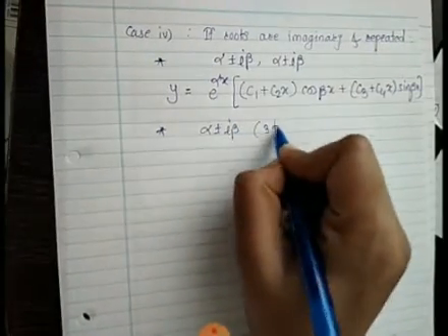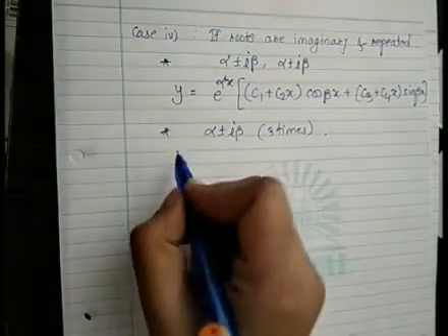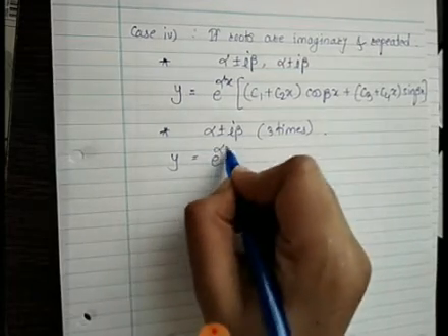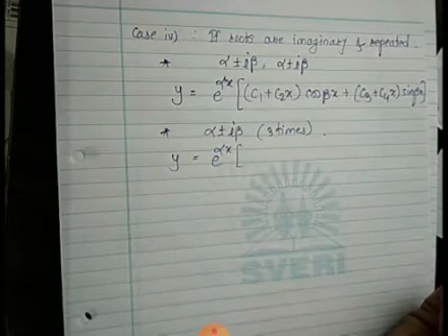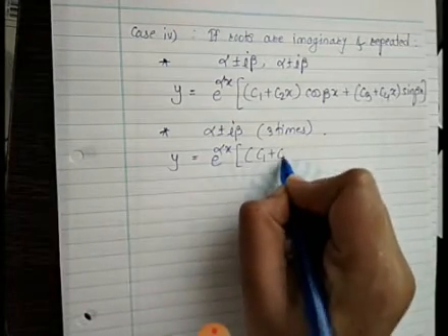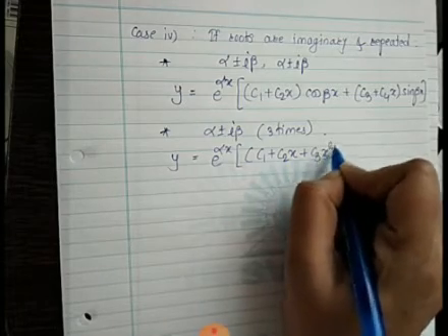If it is repeated 3 times, then how can you write the solution? Y is e raised to alpha x. Yes, C1 plus C2x plus C3x square.